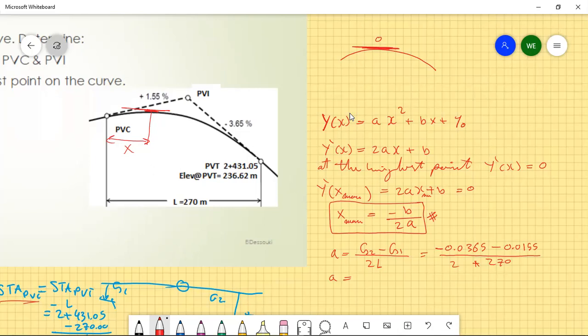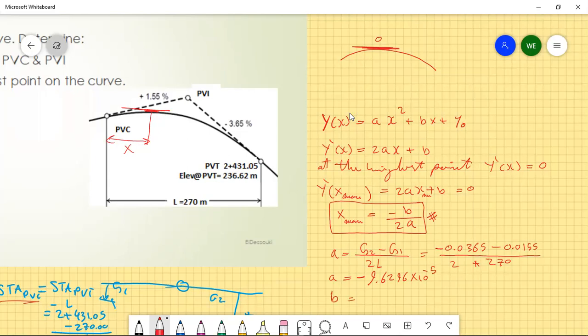So this will be minus 9.6296 multiplied by 10 to the power minus 5.